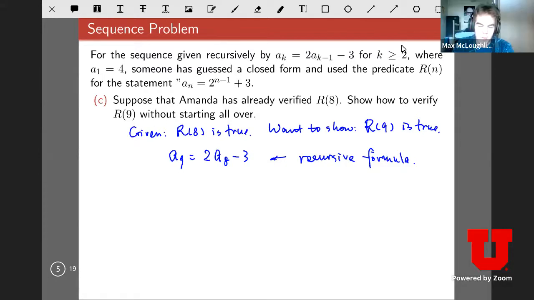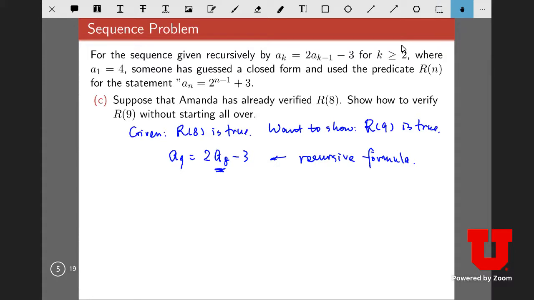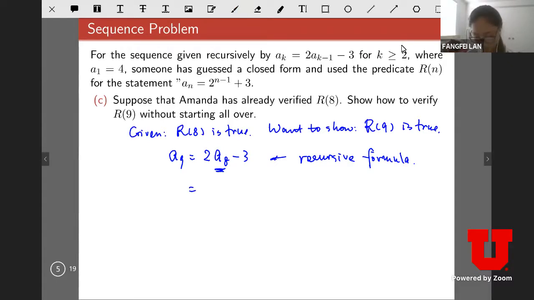Plug in A8. Okay, so what do we plug in for A8? We need to substitute A8 somehow. The answer to R8. What is R8? Yes, we substitute with R8. And what is the equation for R8? The answer is 131. Sure, we can do that.